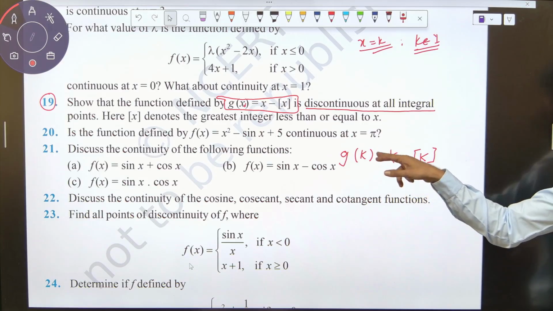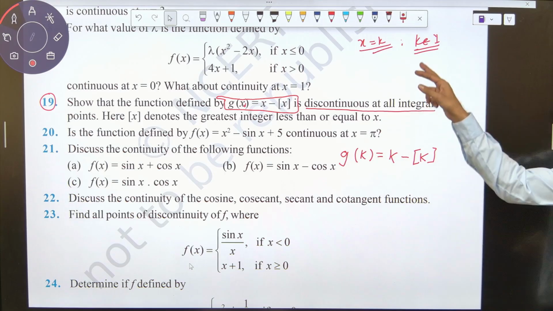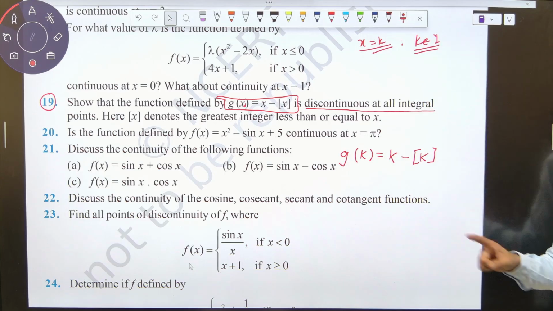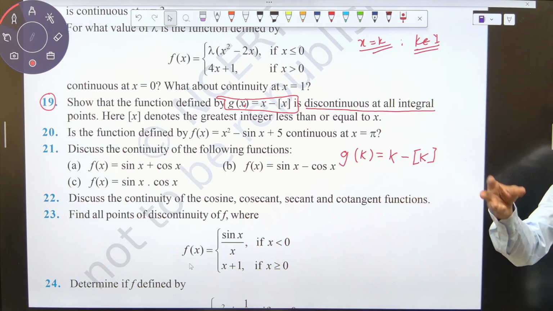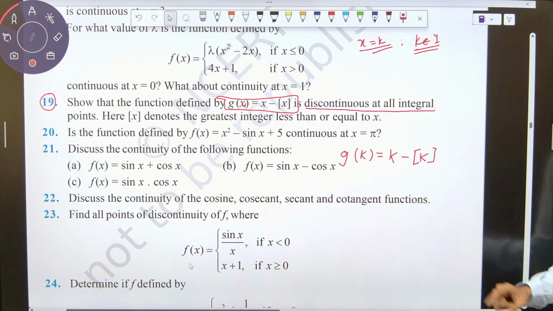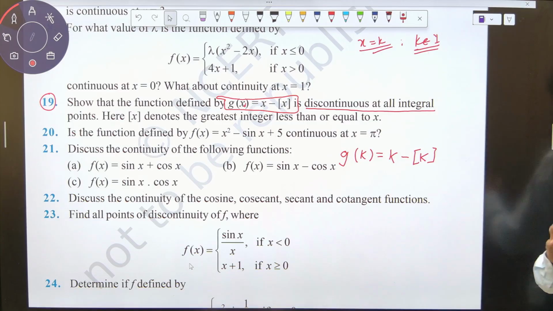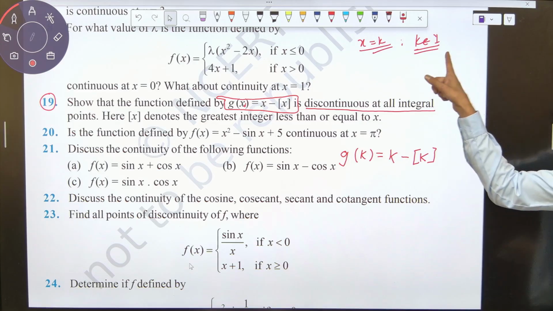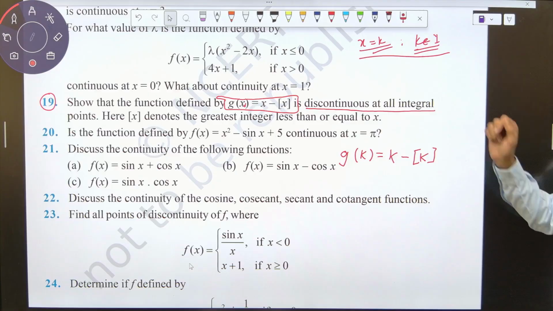It is not k plus, it is directly k. And what is k? k is an integer, and k can be any integer. So we are checking all integers at one time with this information. That part you will have to remember.